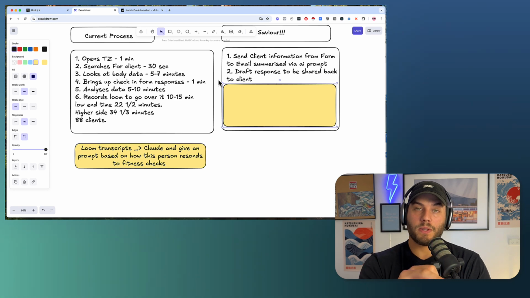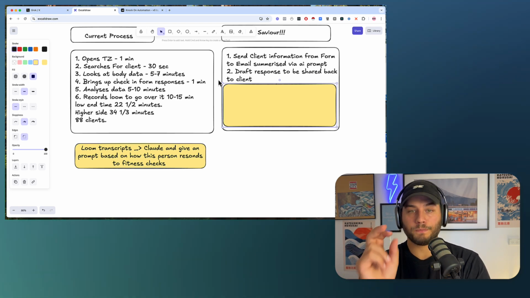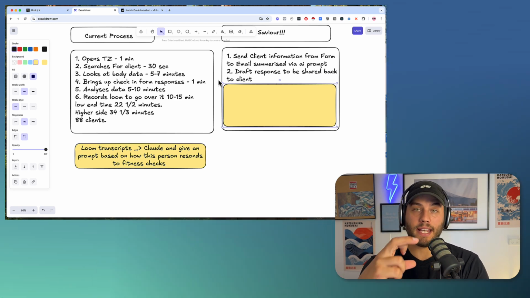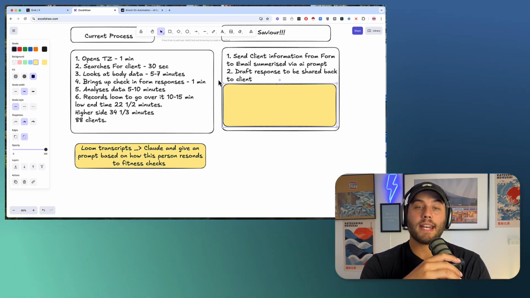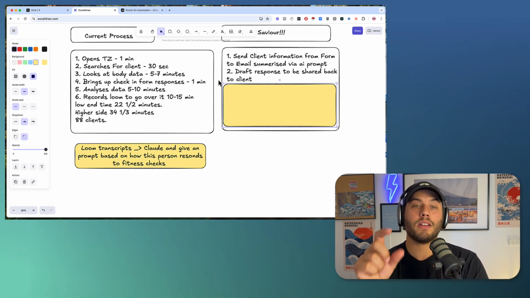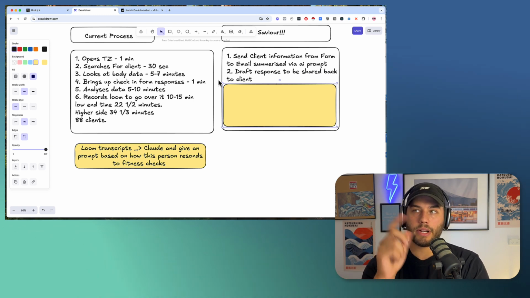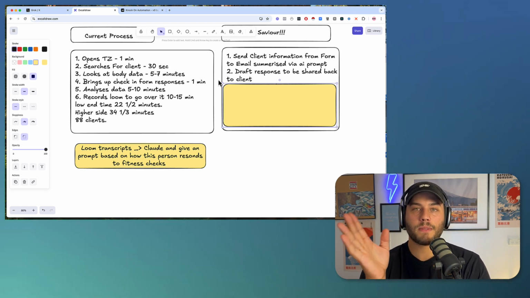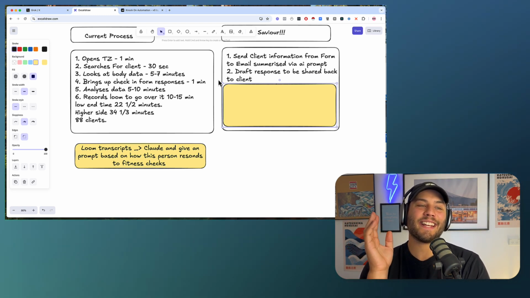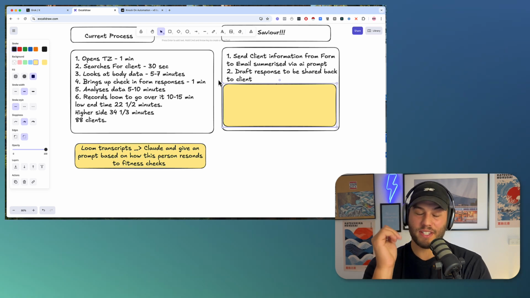So we took those responses, fed that into the model as well, and drafted that in the email back to the coach. They then had a copy and paste they could send back to the client with some minor tweaks. The reason you need minor tweaks is because sometimes AI goes rogue and doesn't give you exactly what you want every single time.